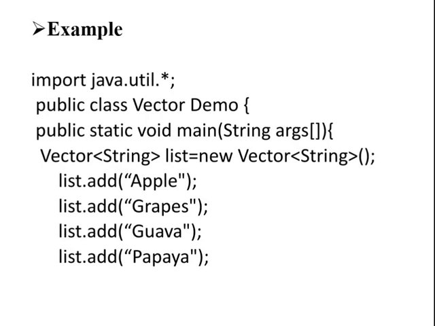The next, vec.add("apple"), we are adding the name to the vector. Next, vec.add("grapes"), vec.add("guava"), vec.add("papaya"). Iterator<String> itr = vec.iterator(); while (itr.hasNext()) System.out.println(itr.next()); curly bracket complete. This is an example that represents how we can use the vector.